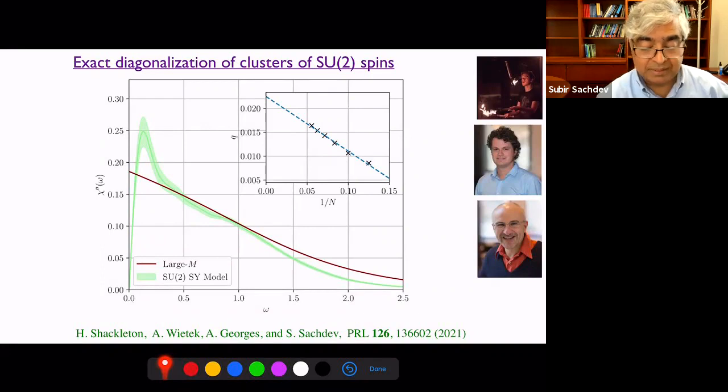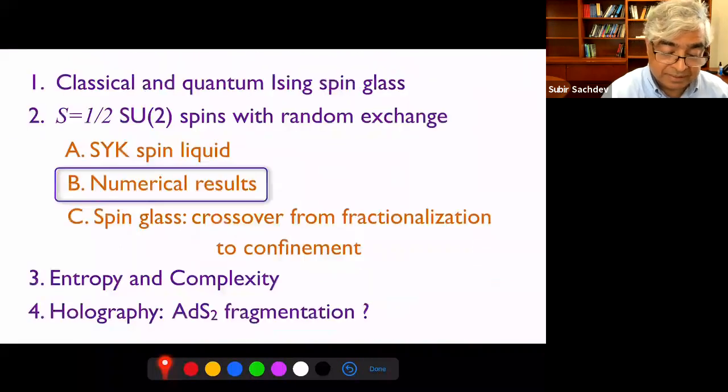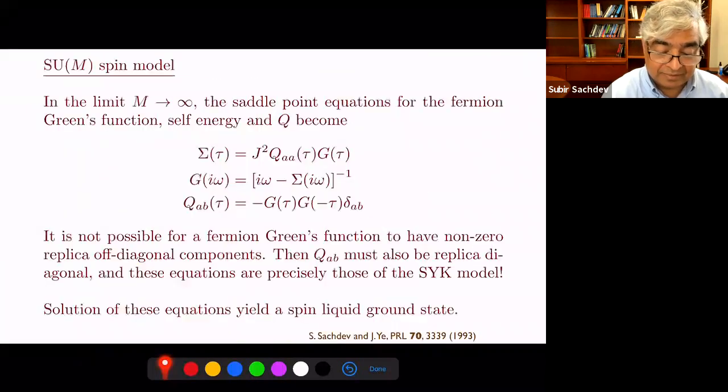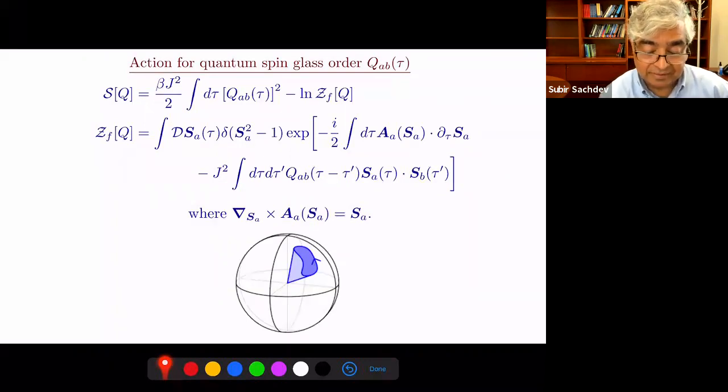But for this particular model, here's the result for SU(2). Just to remind you what we're presenting: we're just solving these equations by some numerical method for SU(2). In fact, the way we solve it is the exact diagonalization of the lattice model, but formally we're just solving the saddle point of these equations.